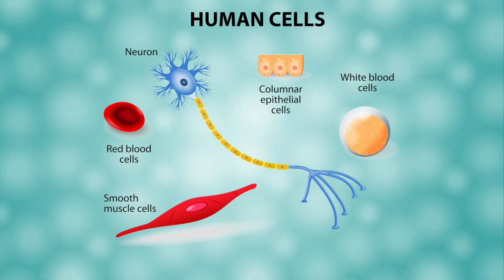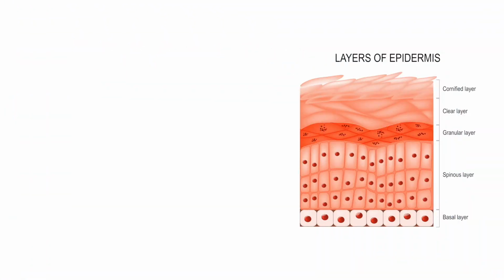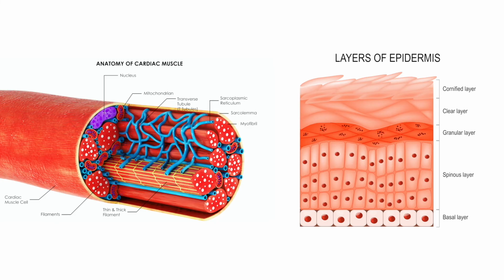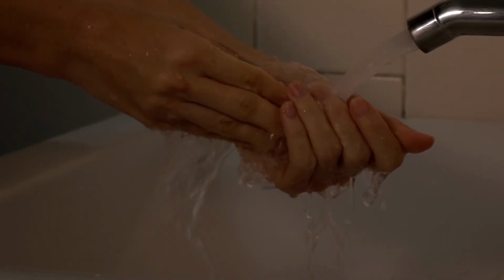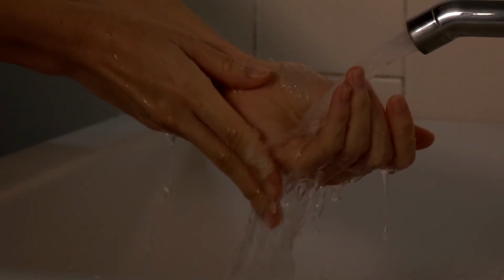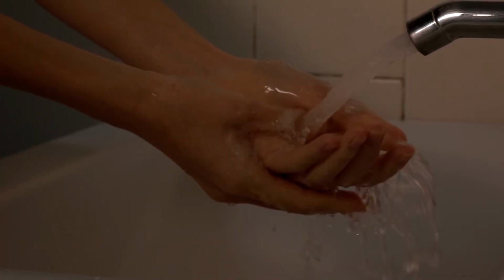But what makes one cell different from another type of cell? For example, let's compare skin cells and muscle cells. We'll talk about these 2 types of tissue in more detail in a later unit, but for now, think about what might be different inside these cells. Skin cells make a protective layer, keeping water and other substances out of your body.